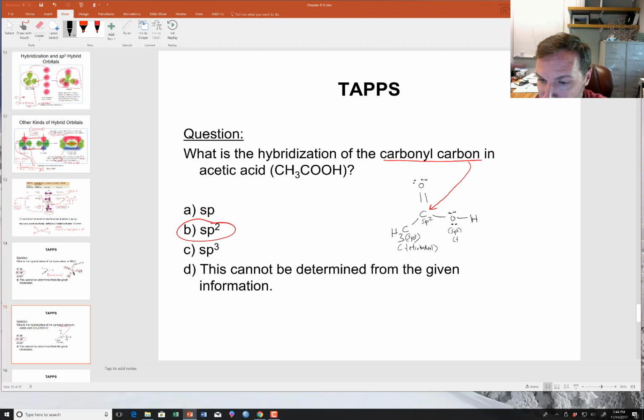It's tetrahedral geometry. And this oxygen, the carbonyl oxygen, or the double bonded oxygen, has 3 electron regions. So it has a bond with carbon, 2 lone pairs. So this oxygen is sp2, and it's trigonal planar.